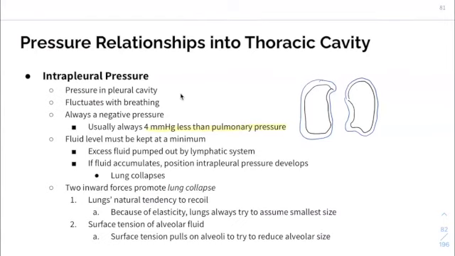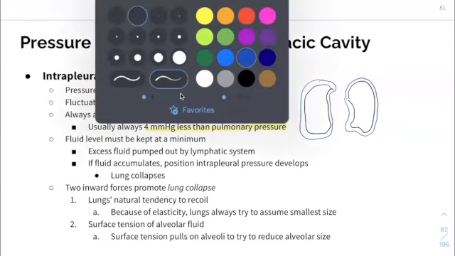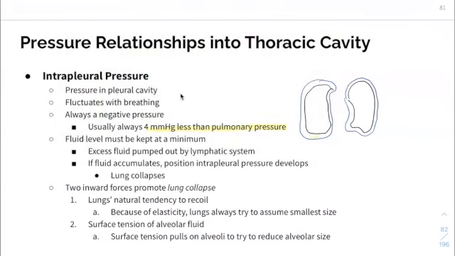And we discussed there's always some kind of fluid inside this pleural cavity. There's not a lot in there because we need the pressure in this cavity to be able to change. So if we have too much, it's going to get pumped out into the lymphatic system.